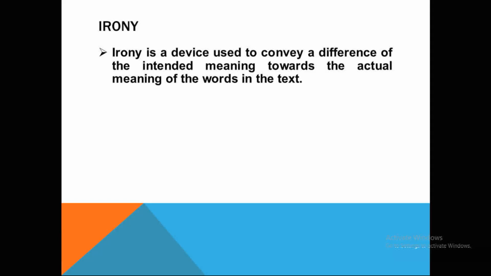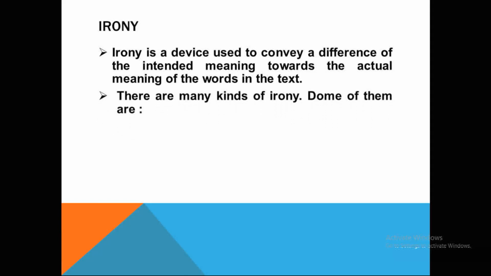There are many kinds of irony, but we are not going to focus on every kind. I'll just mention some of the irony that these new critics focus on. One is verbal irony. Just like the word goes, it focuses on the interpretation inside the words of a sentence.